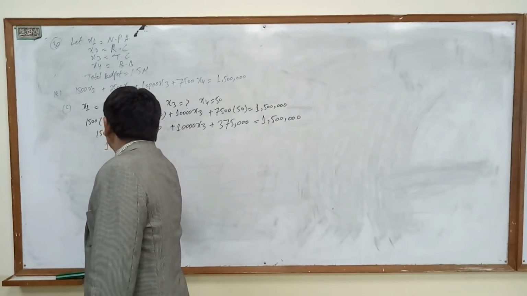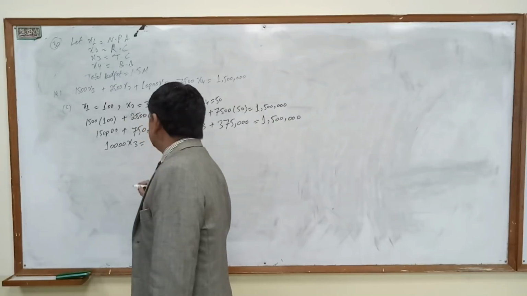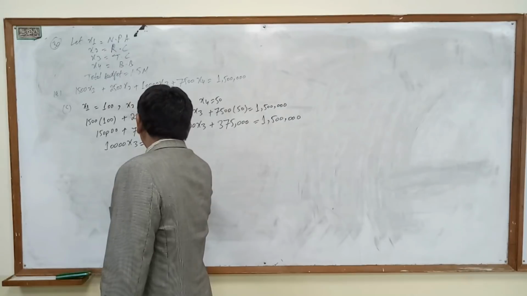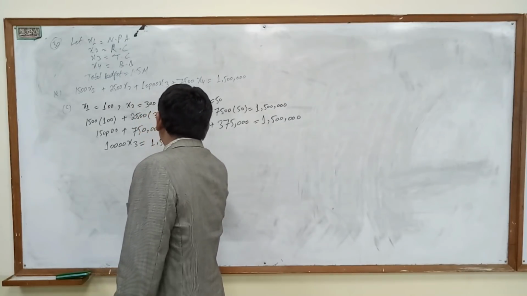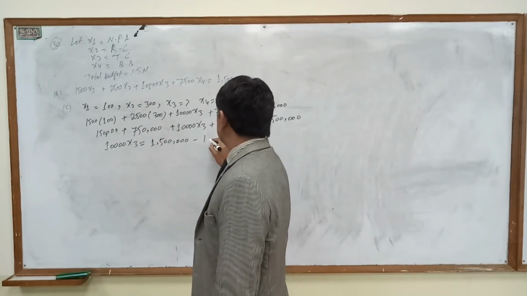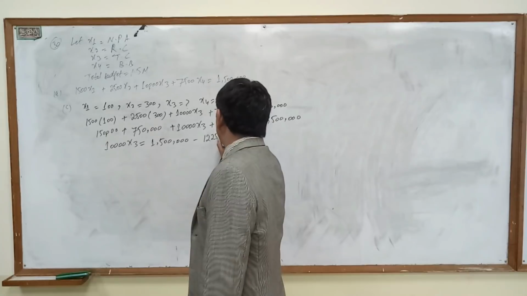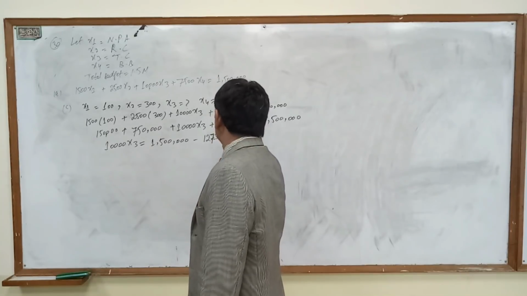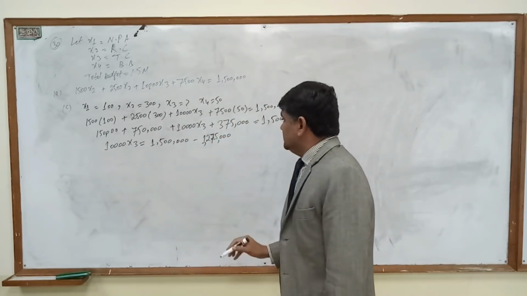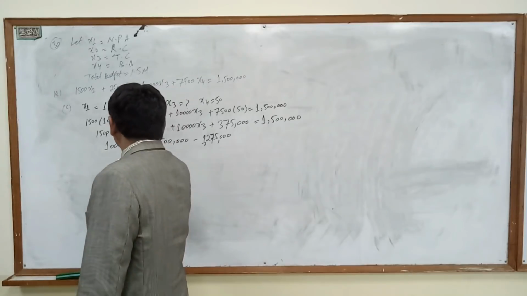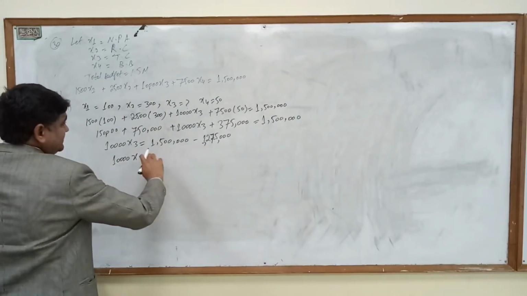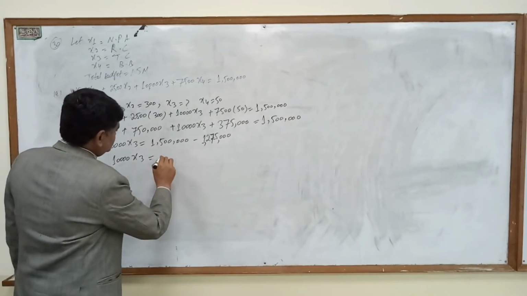So 10,000 into X3, shifting the variable to one side and the constant to the other side: 1.5 million minus 1,275,000, that is 1.275 million. So what's left is 10,000 into X3, equal to 225,000.